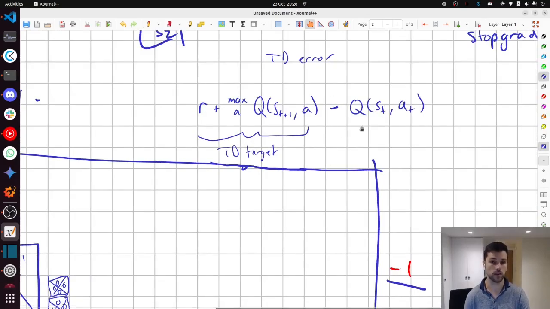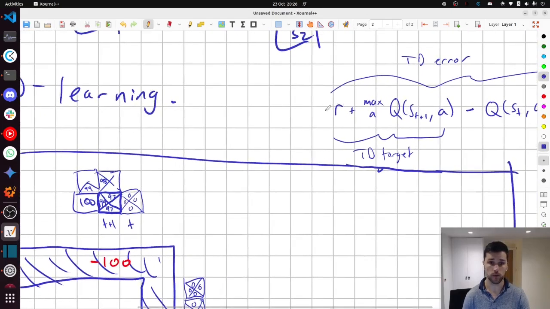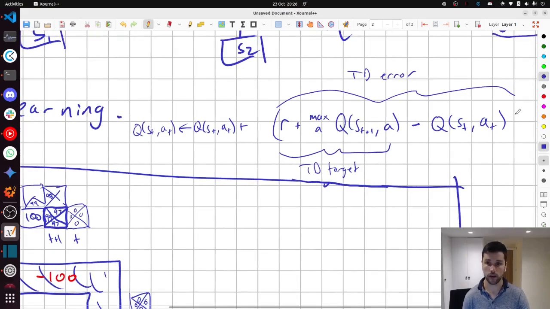That's our current estimate of the value of this state and action. So then the update rule would be, if this is the error, take my current estimate and update that to be my current estimate plus the TD error.